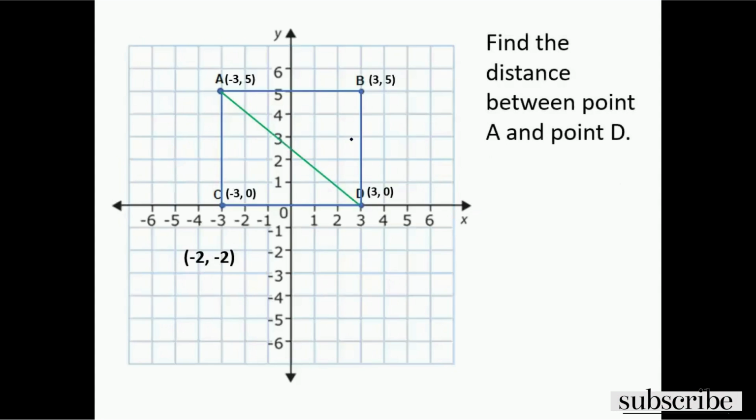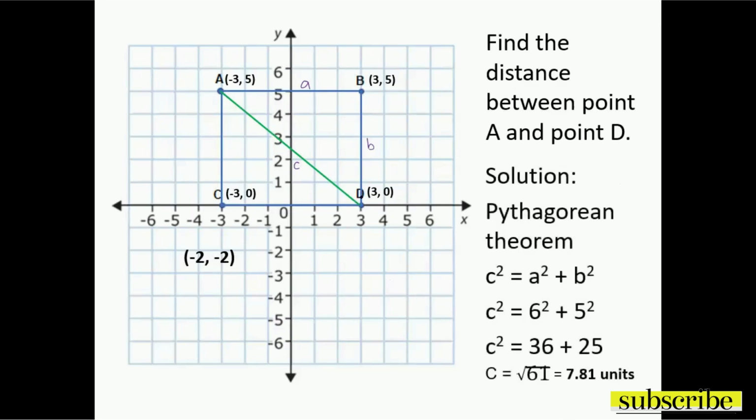Now, let's try to find the distance between point A and point D. Take a look at the graph. What have you noticed? Yes, it created what? A right triangle. So let's name this side a, this side b, and this side c. To get the distance of this one, what theorem can be applied?